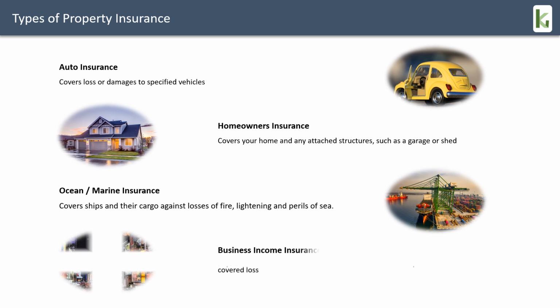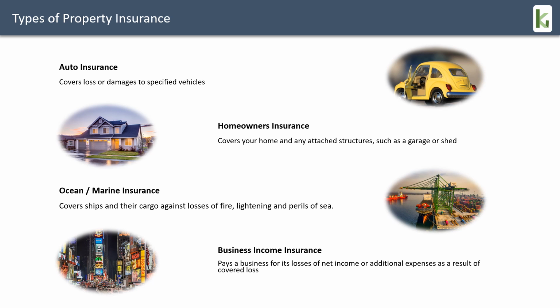Then we have business income insurance that pays business for its losses of net income or additional expenses as a result of covered loss. Business income insurance is provided to all kinds of businesses such as restaurant, bookstore, grocery stores, or any other commercial business.